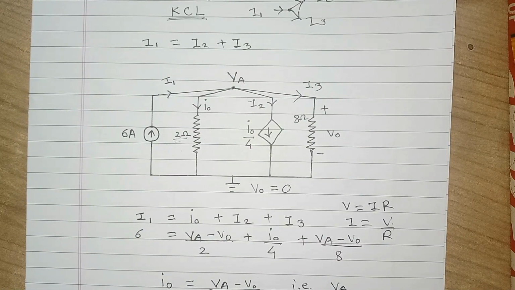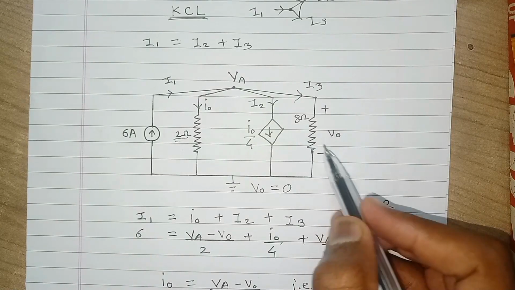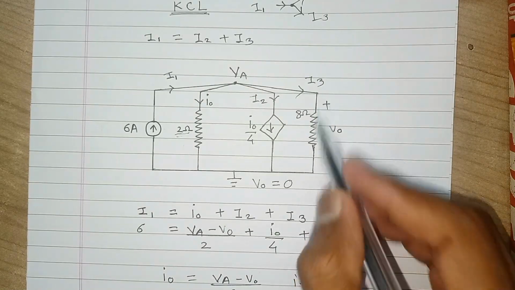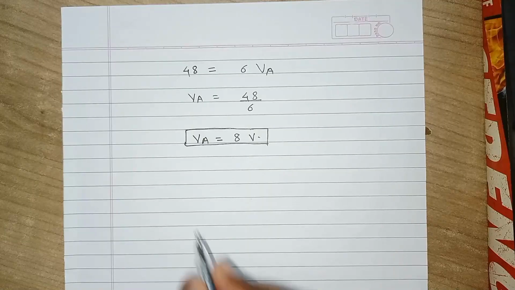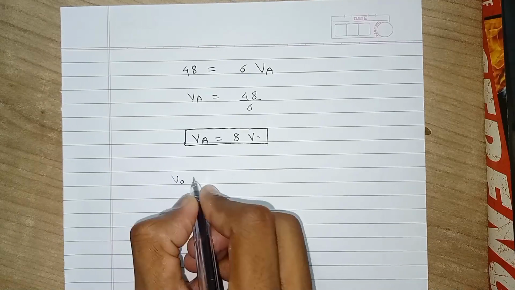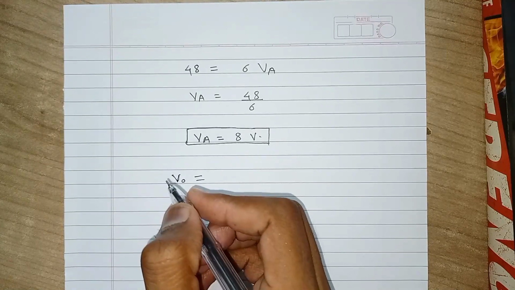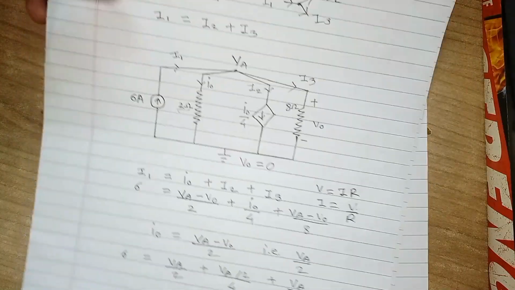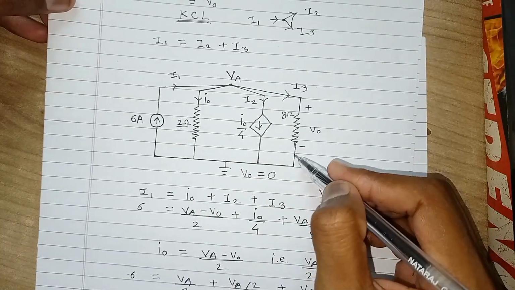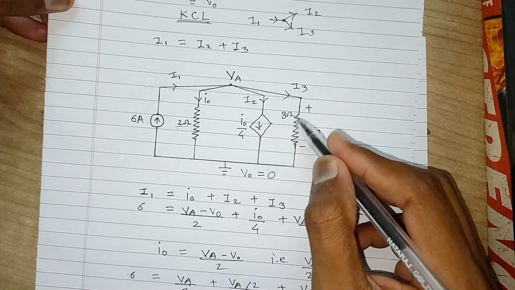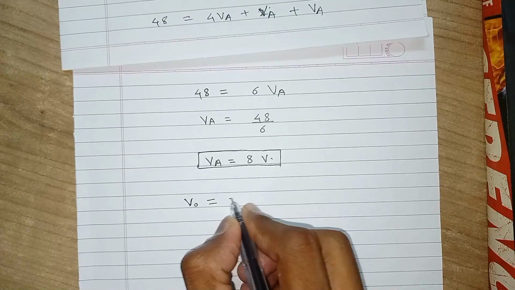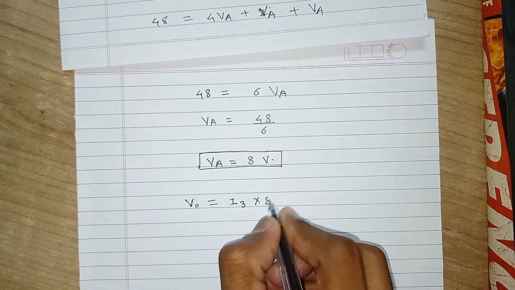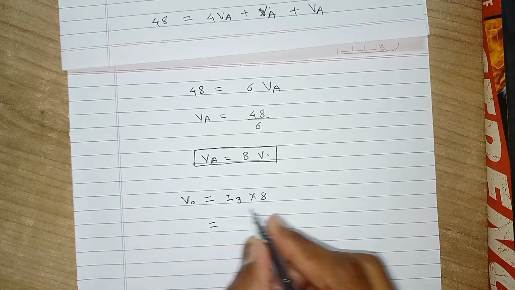So now we have to find V0. V0 is the voltage across this 8 ohm resistor. How will we find it? V0 will be equal to the current flowing through this resistor multiplied by the value of this resistance. The current flowing is I3. We have the value of I3.